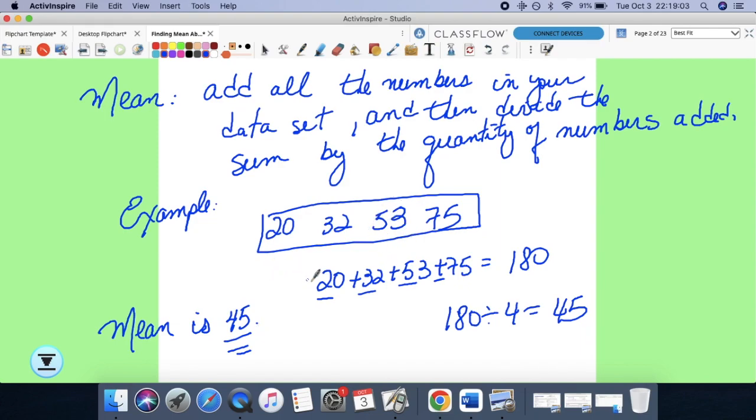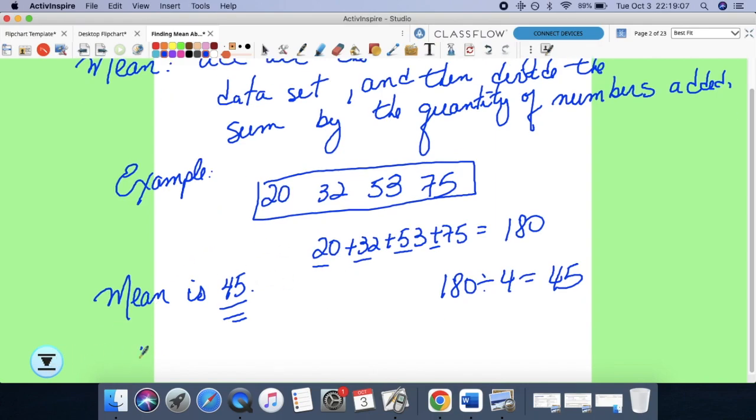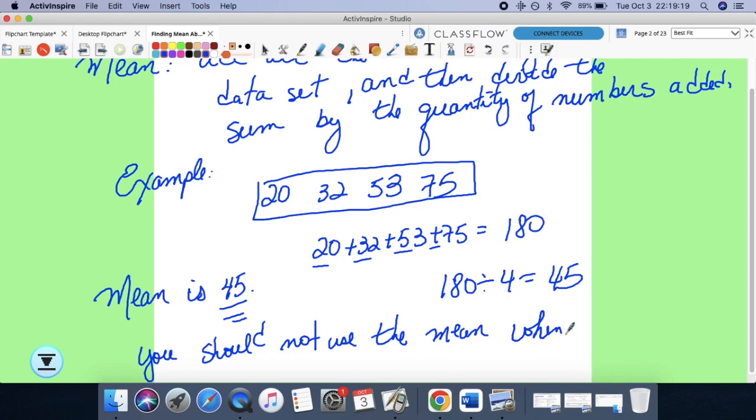But what you need to know is that you should not use the mean when there are outliers. So think of an outlier as a number that doesn't really belong to the group.